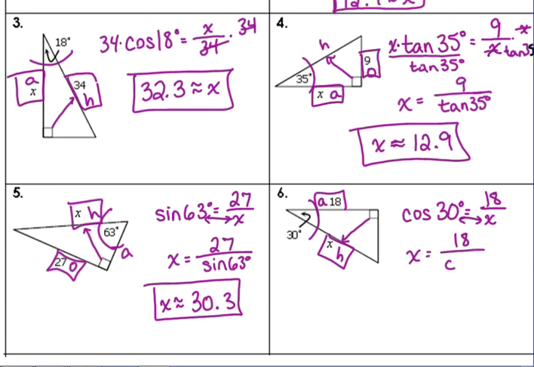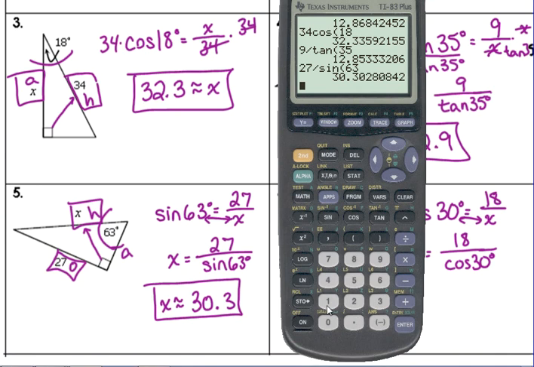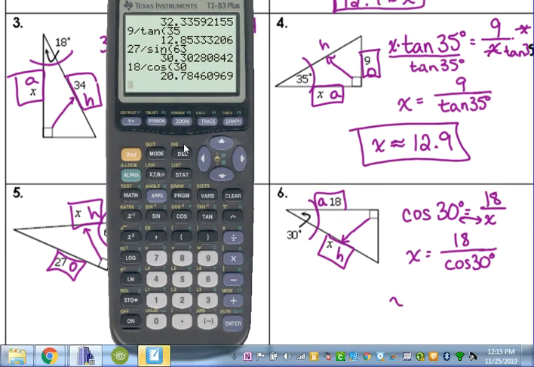X equals 18 over the cosine of 30. Okay, so we get approximately 20.8. Again, make sure it makes sense. It's the hypotenuse, so it should be longer than the leg.